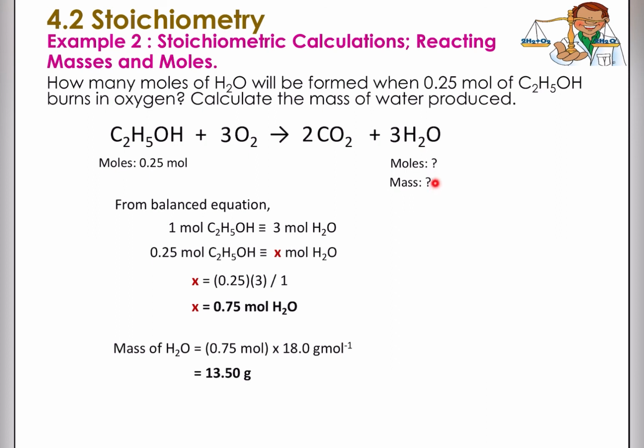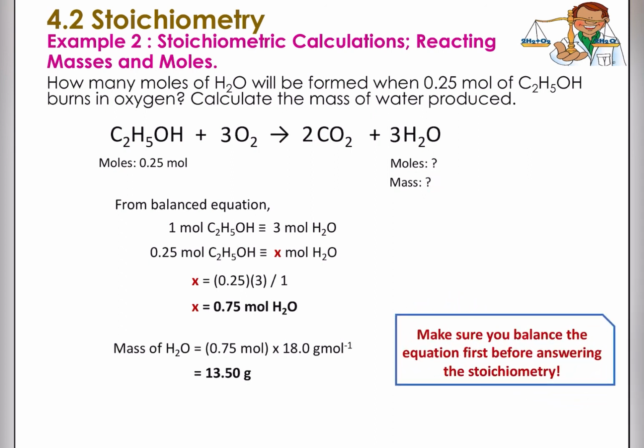So settle for the second questions. And as I mentioned before, you have to make sure that you balance the equation first before you answering the stoichiometry. So that's all how you want to calculate based on stoichiometric calculations in terms of reacting masses and moles.